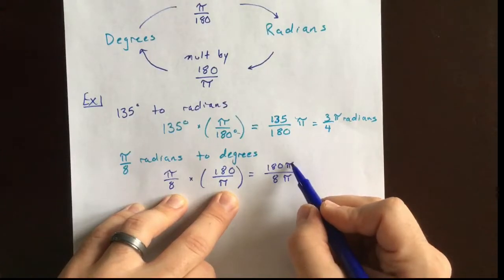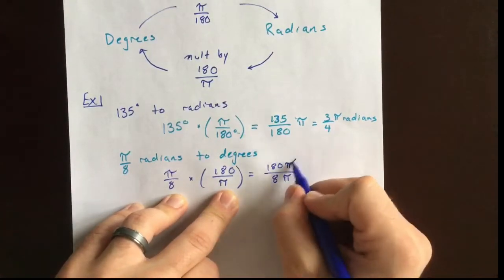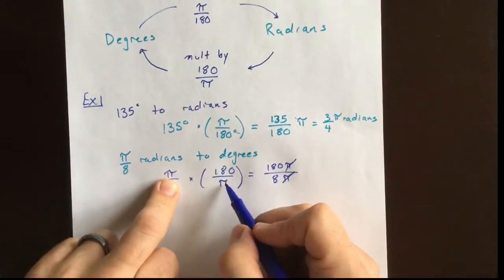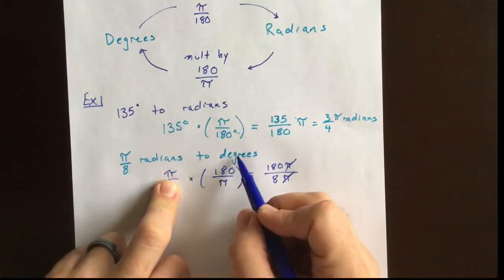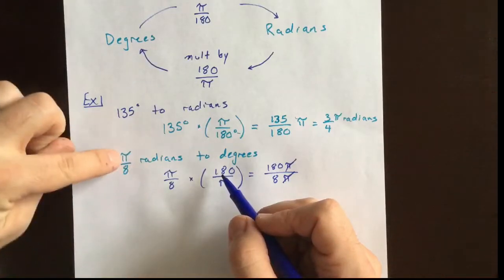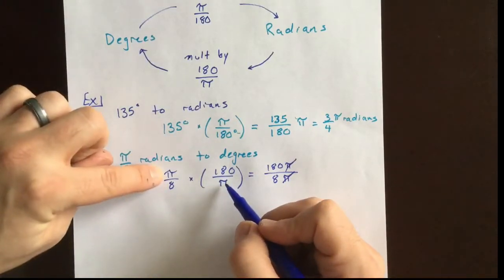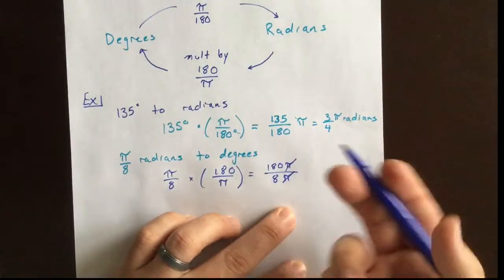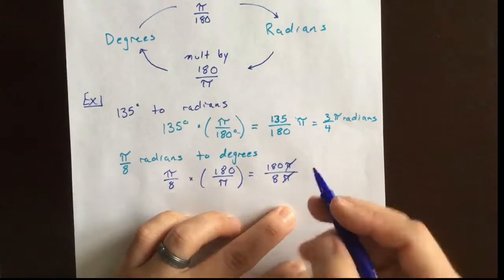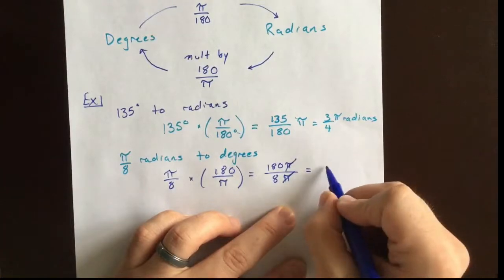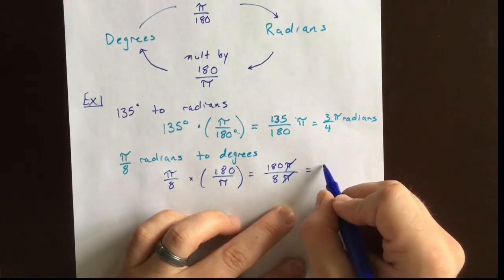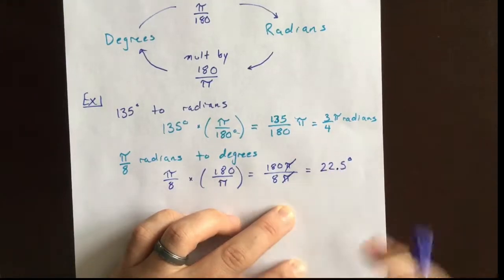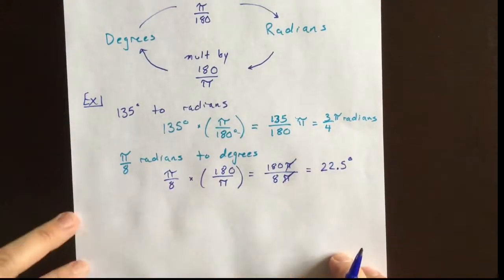Hey, there's a pi in the numerator and a pi in the denominator, so they cancel. That's actually going to happen: when I'm converting from radians to degrees, since radians are often in terms of pi, these pi's will cancel, leaving me with just 180 divided by 8. When I simplify that, degrees can be in decimals, as we saw at the very beginning: 22.5 degrees.